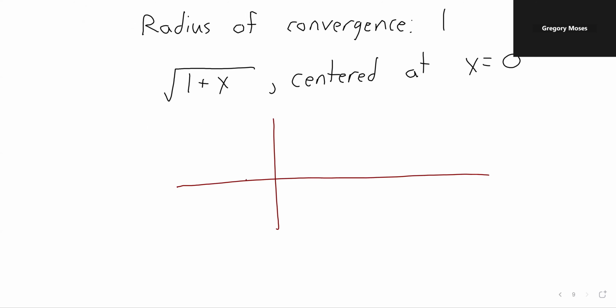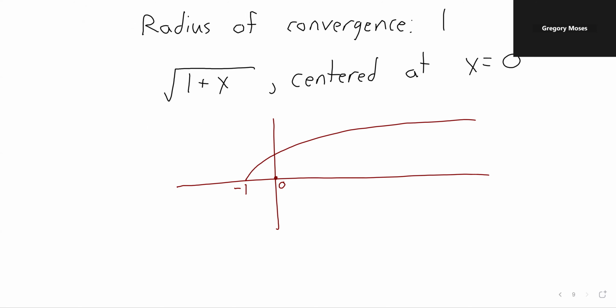So here's what the graph looks like. Here is 0, here's -1. Of course, to the left of -1, this function is not defined, and it is not possible for the function to equal its Taylor series.